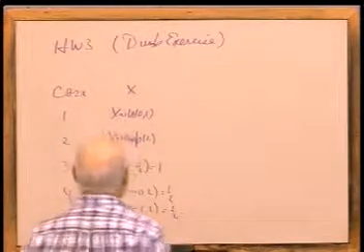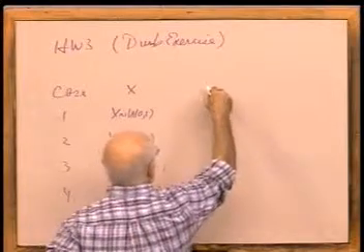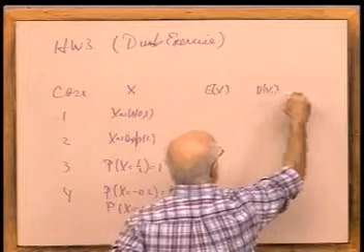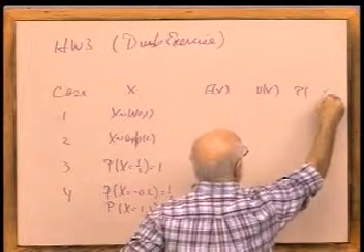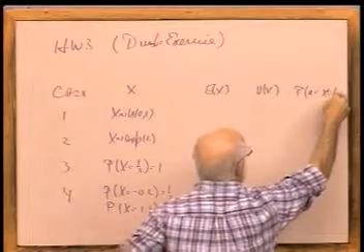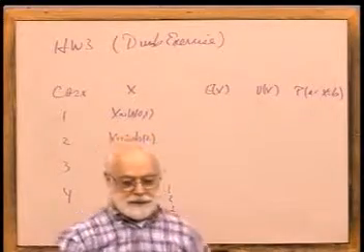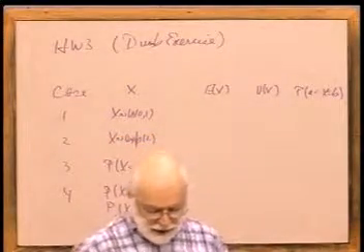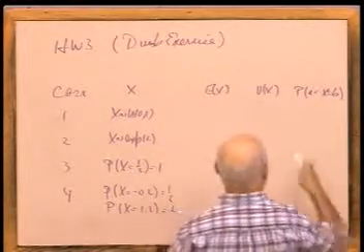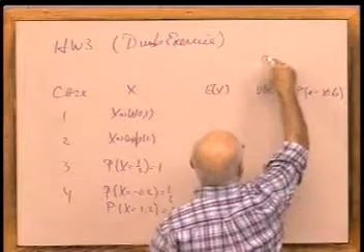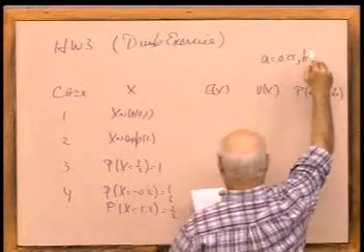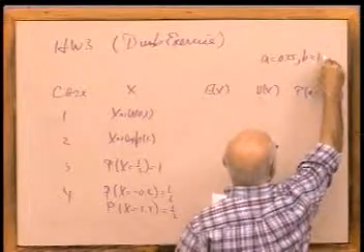And then it's going to ask you to calculate things like the expected value, the variance, and the probability that x lies between A and B. And in our case, A is equal to 0.25, and B is equal to 1.35.